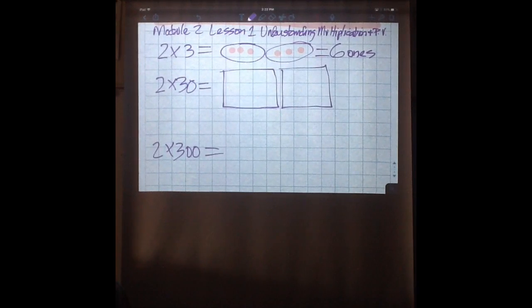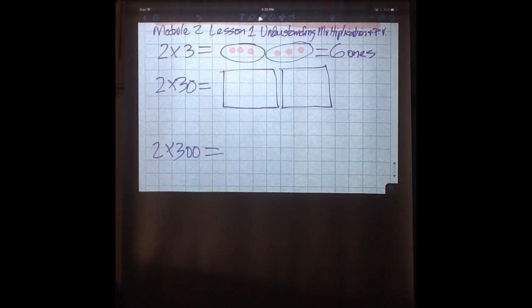I don't know if you remember, but we had these types of things. This is 100, right? And the longer ones, the rods, some people call them, how many squares are in them? Well, 10, right? And if you notice, we have a 30 here.